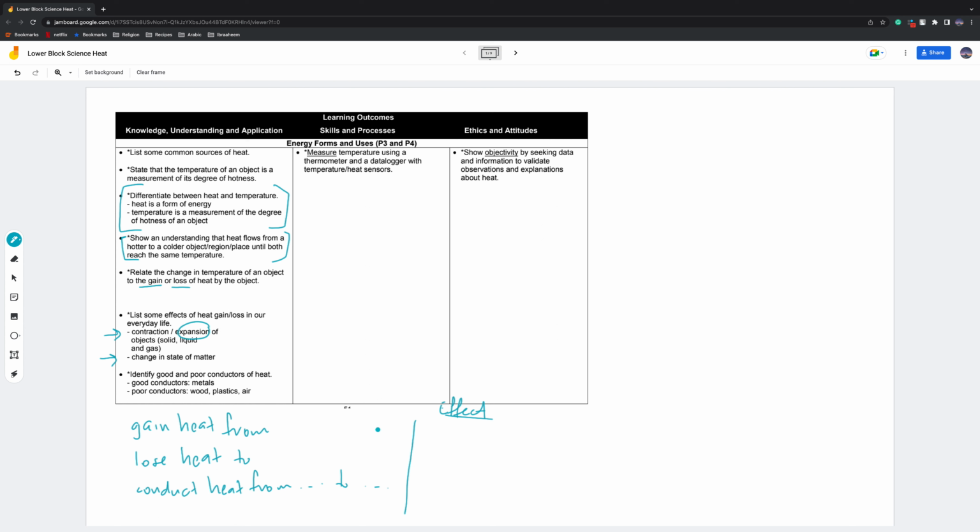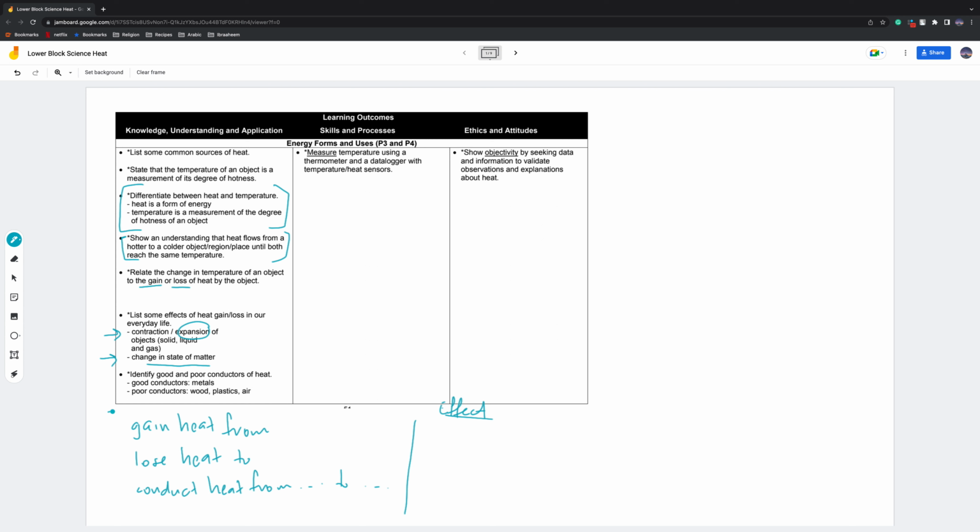So you added the effect. You can also say, for the change of state in matter, the water gained heat from the sun and evaporated to form water vapor. So it changed in state of matter.